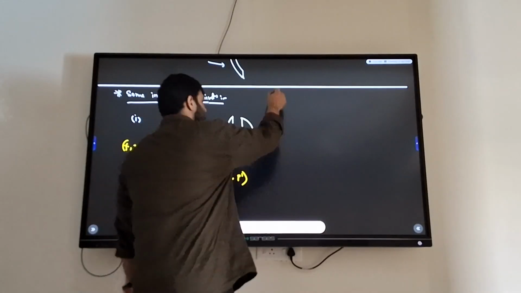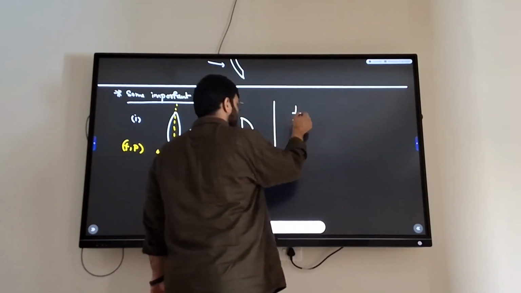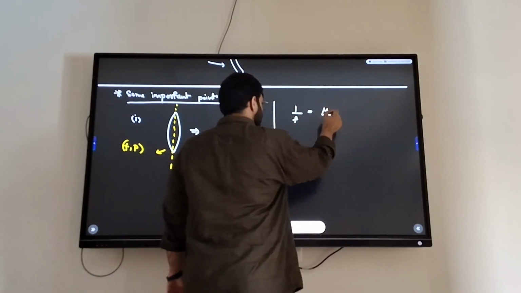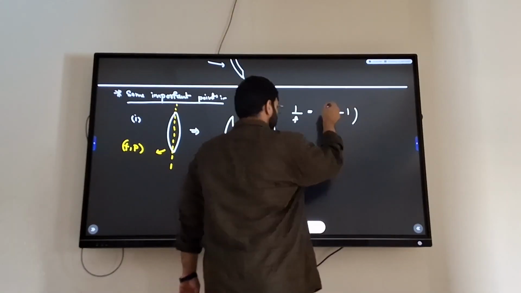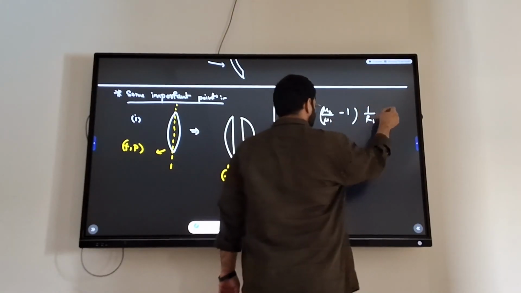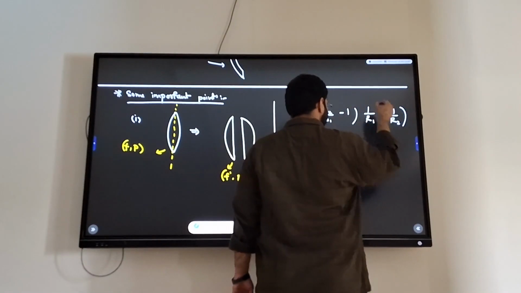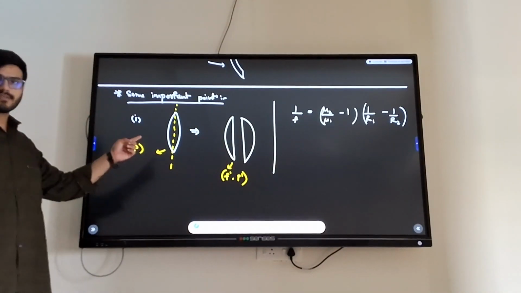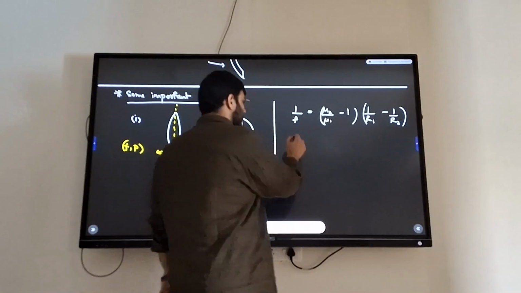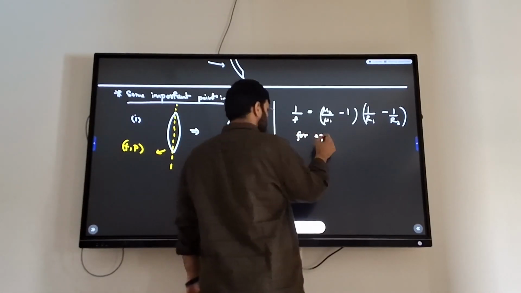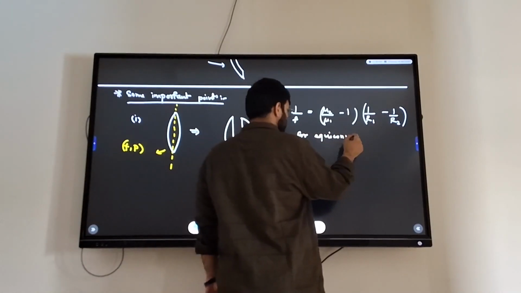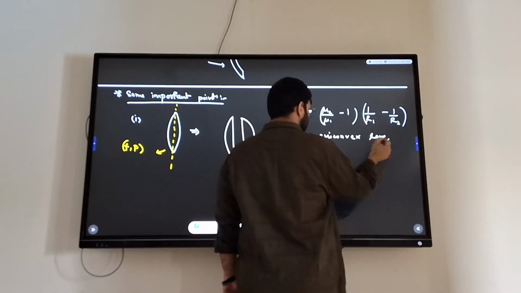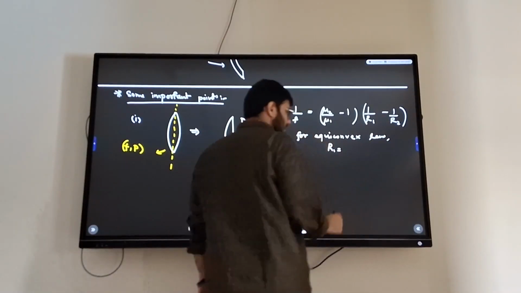It's something like this. 1 by f is equal to mu2 by mu1 minus 1 times 1 by r1 minus 1 by r2. If I take an equiconvex lens, then what will I get? For an equiconvex lens, what is R1?